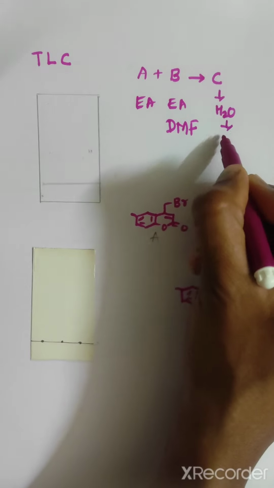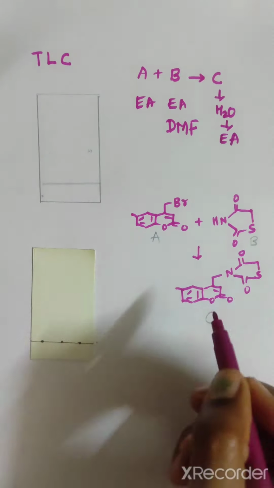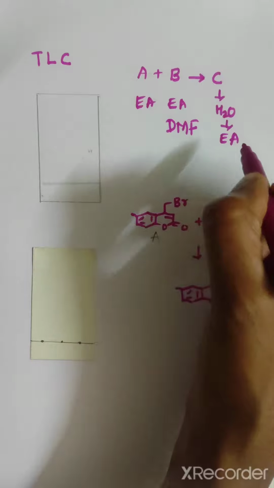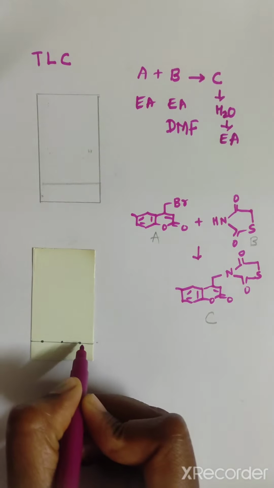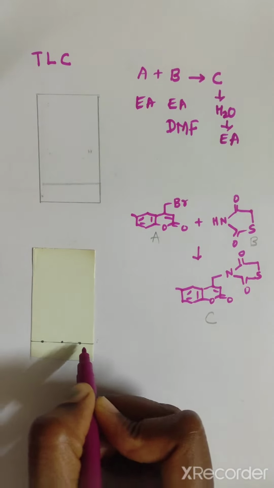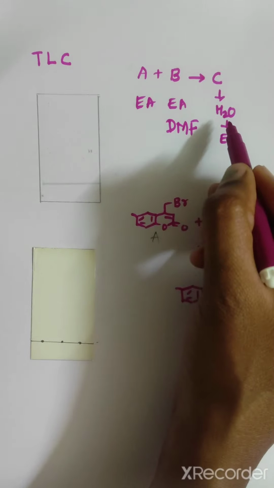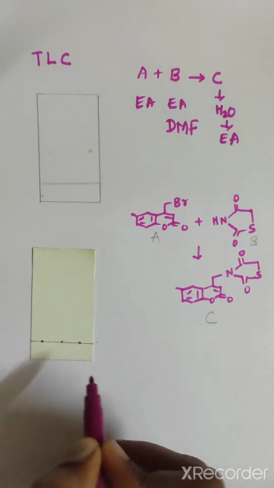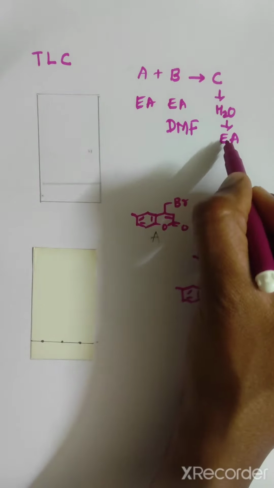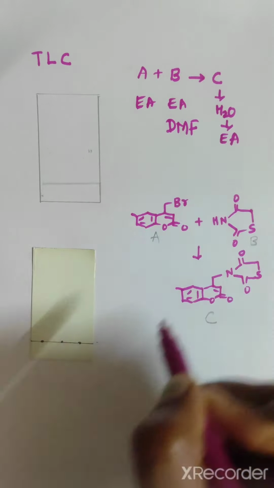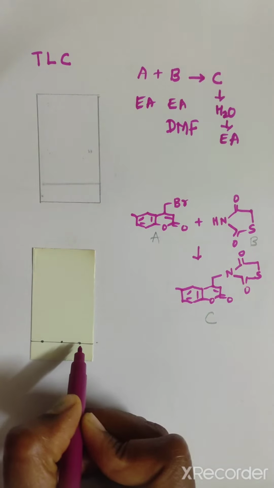After this, add ethyl acetate and extract the ethyl acetate layer and spot on the TLC plate. You should not take the water layer at all, because it will not evaporate.